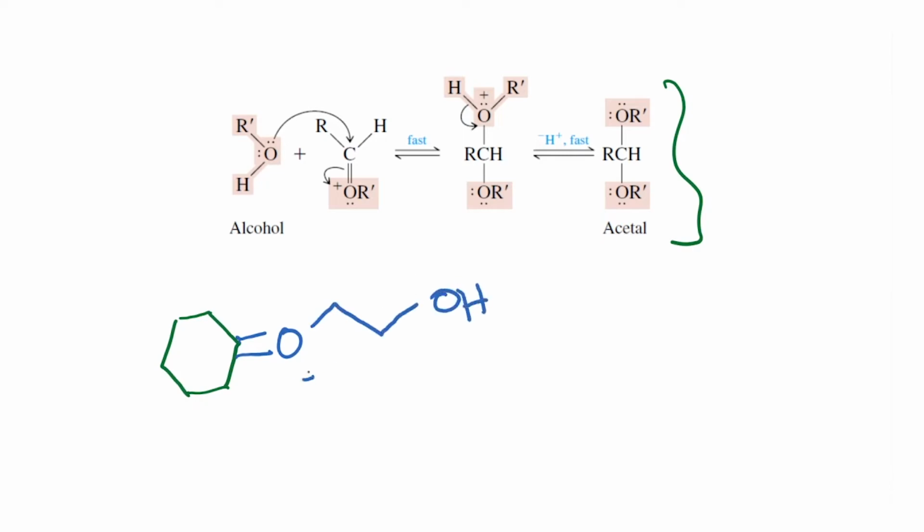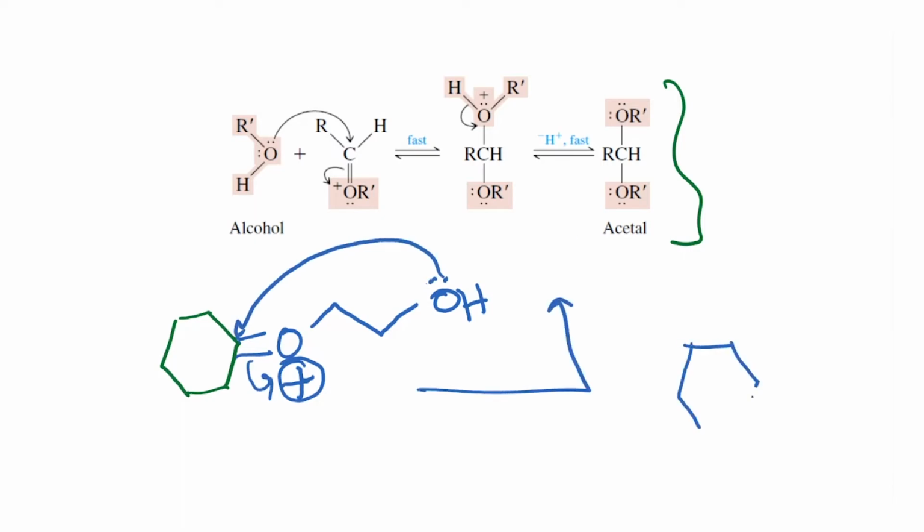So this is going to be your intermediate that is formed with cyclohexanone and ethylene glycol. The remaining steps are the same. This attacks, it's an intramolecular attack, and eventually it gives you the product, which is this. Okay.